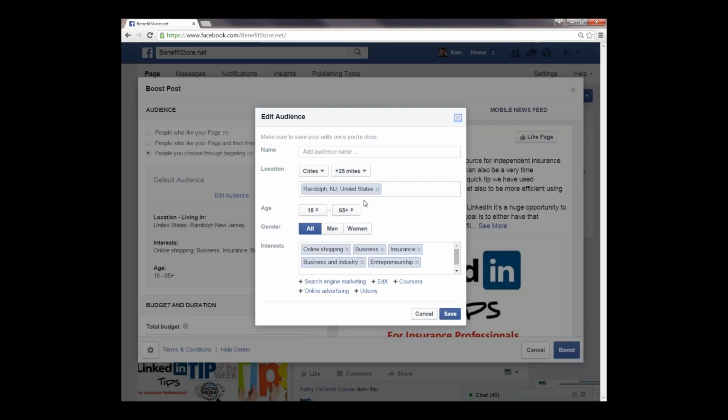Right now, if I wanted to boost this, you can see that this ad is going to go to people in a radius of 25 miles from my current location, Randolph, New Jersey, okay? And anyone between 18 and 65 plus, so basically everybody, men and women, and there are a few interest buttons in here that you can put in. So right now it's basically going to everybody in this radius.